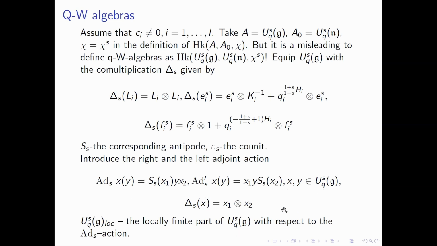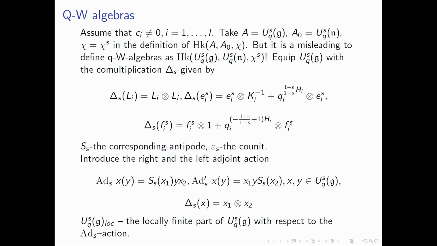And then inside of the quantum group U_q(g), we can consider its locally finite part. It consists of all elements such that under the adjoint action of the quantum group, they generate finite rank subspaces. So this locally finite part is not a Hopf algebra, but it's still an associative algebra.